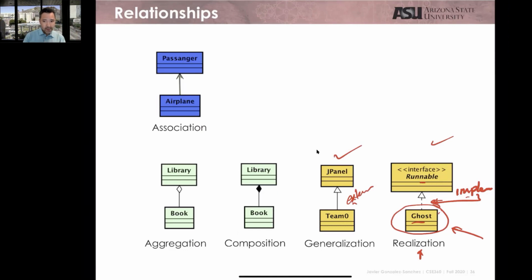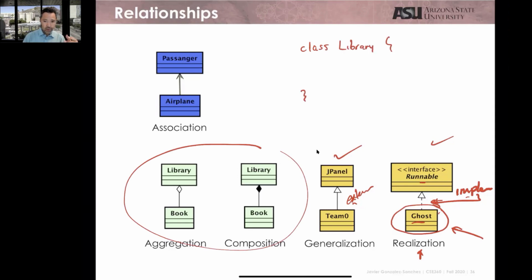Implements, good. Now, these ones, the diamonds, composition, aggregation. Tell me, what is the source code equivalent to composition and aggregation? What do we put in the source code, for instance, here, Library, in order to show the relationship with the diamond with Book?